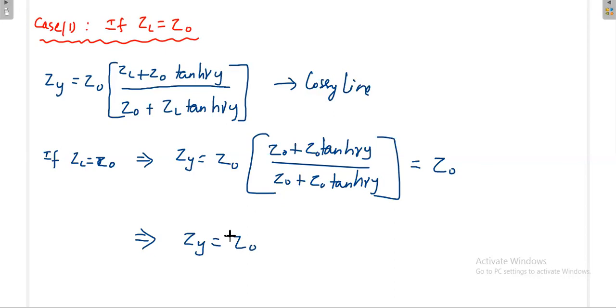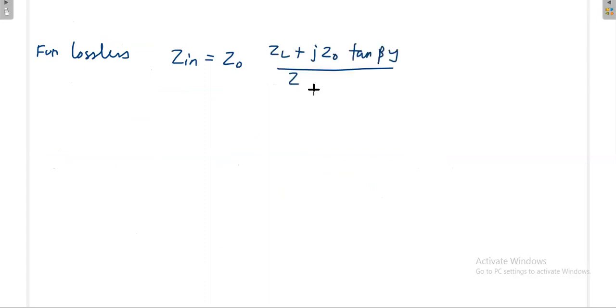Now if the line is lossless, with no loss, then you will have some other formula. For lossless, Z in is equal to Z naught times (ZL plus J Z naught tan beta Y) divided by (Z naught plus J ZL tan beta Y).